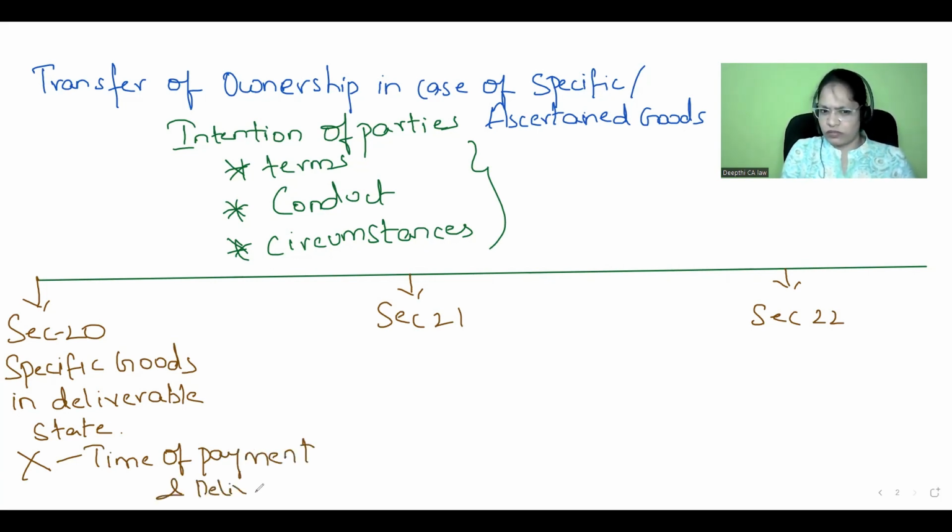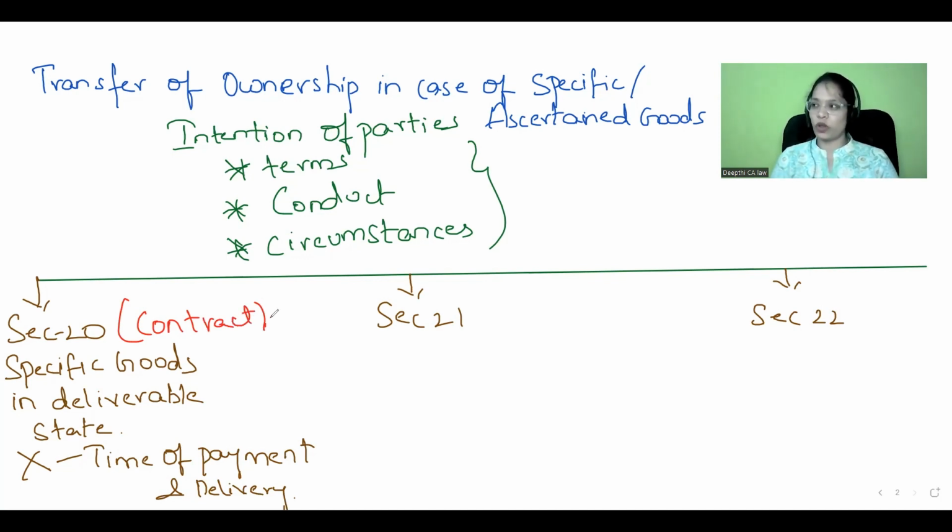Whether payment has been done or not, or whether delivery has been done or not, it doesn't matter. If specific goods are in deliverable state, whenever you make a contract, let me write the point here, whenever you make a contract with the other party, then you will become the owner of that good.